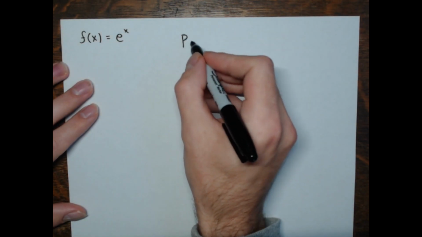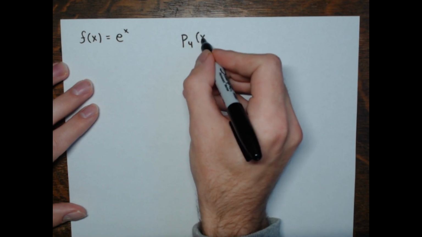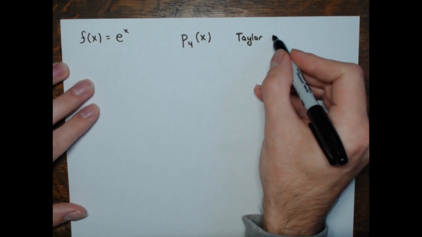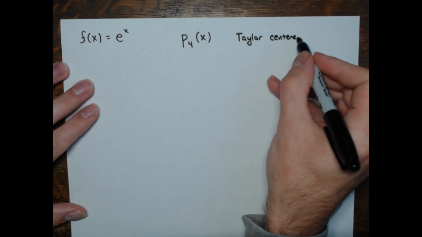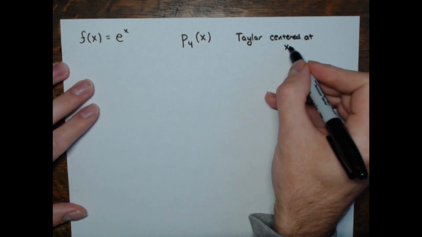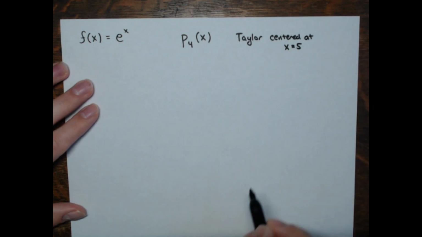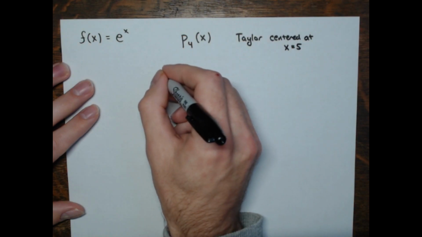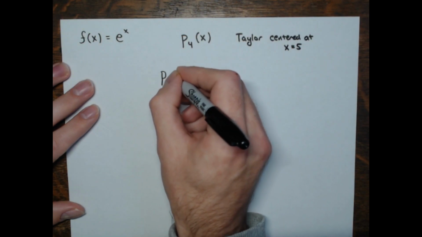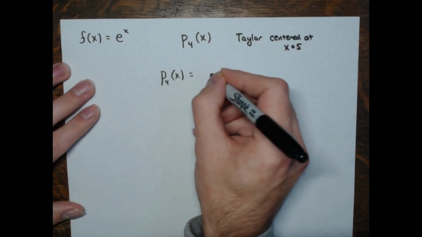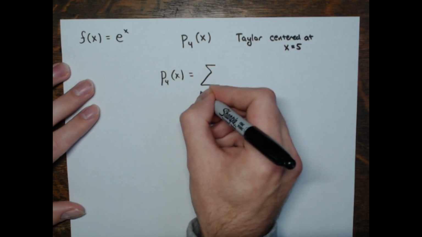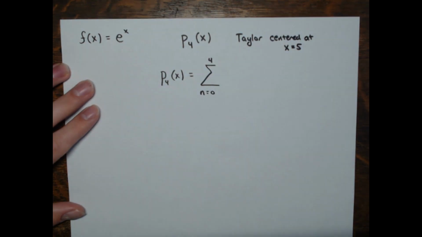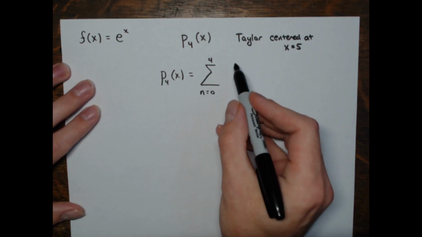And they want the fourth Taylor polynomial, so p of 4 of x, centered at 5. So the value of a is 5 here. That means we're doing this sum, the sum from n equals 0 to 4, a fourth degree polynomial.